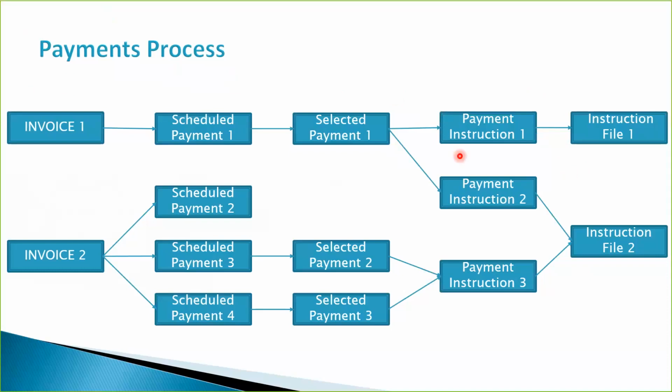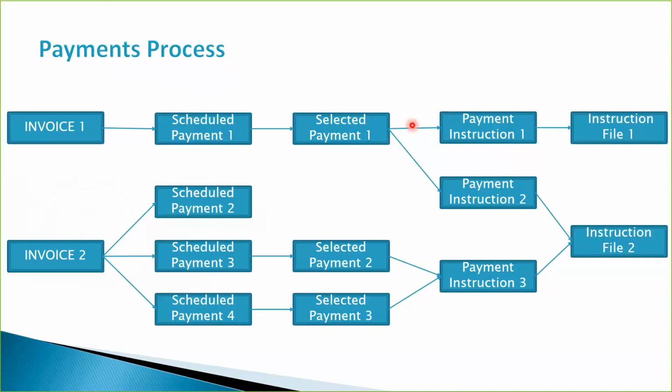So we have just said that Oracle Payables handles this process up to the part where it becomes a selected payment. So if we would want to draw a boundary in this process between Oracle Payables and Oracle Payments, the boundary would be around here between selected payment and payment instruction.